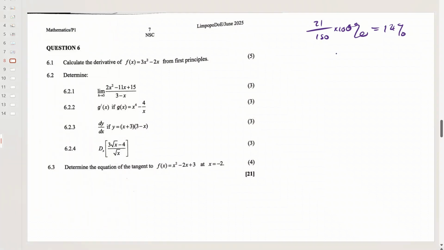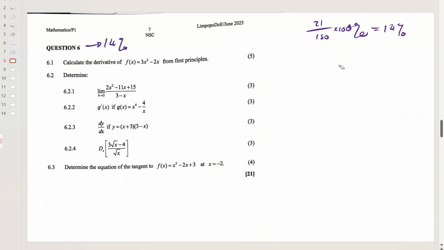14%, you see? This 150 here is the total mark of paper 1, and from your question 6, you got 21 there. So this question 6 will have given you 14%.